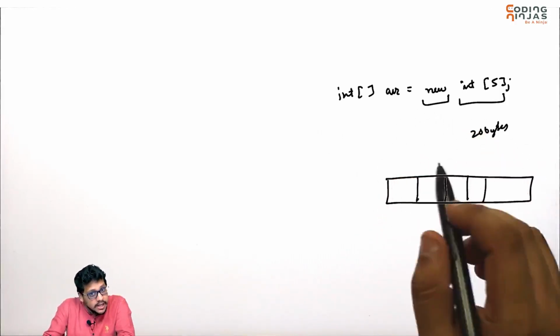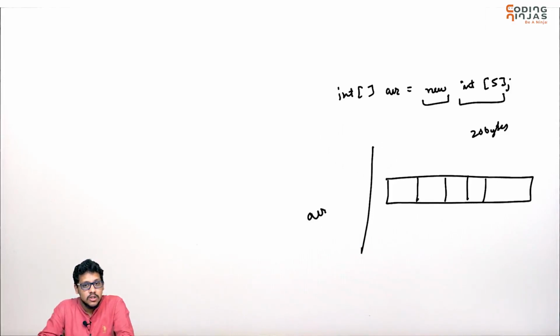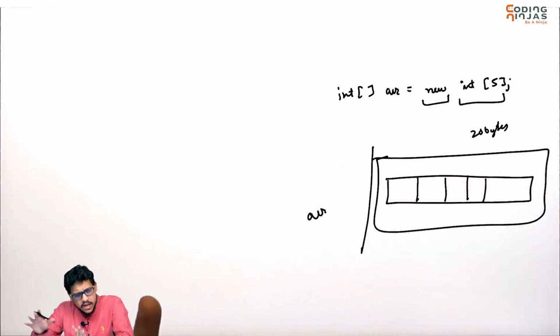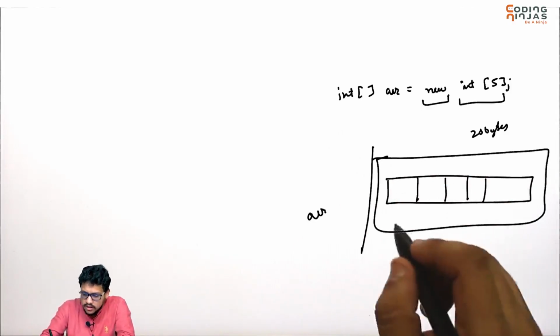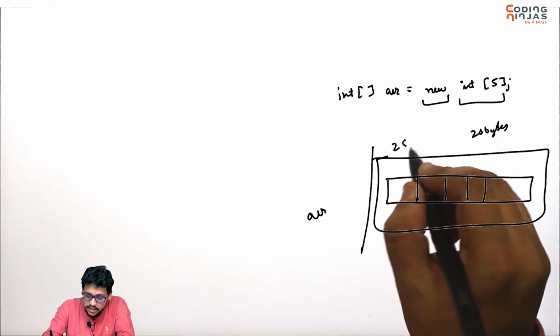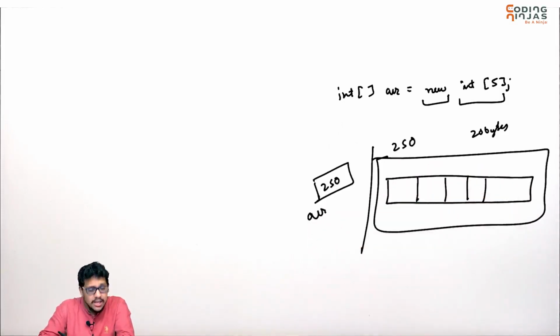Once this has been created, arr stores the reference of this memory. Wherever in the memory this array of 5 integers has been created, let's say its address is 250, arr is storing 250.